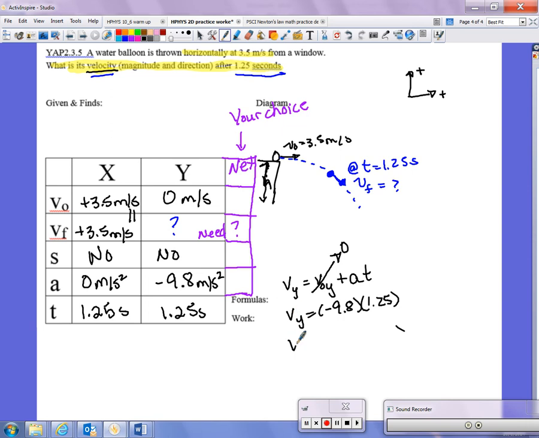I should be going down in the y, so the component is negative. So I get 9.8 times 1.25, and that gives me negative 12.25 meters per second.